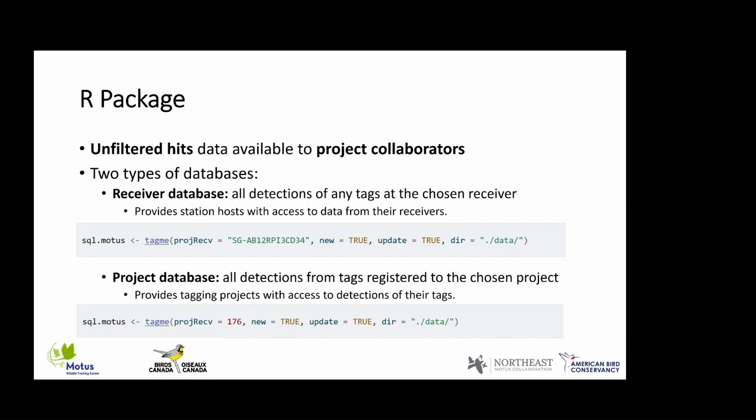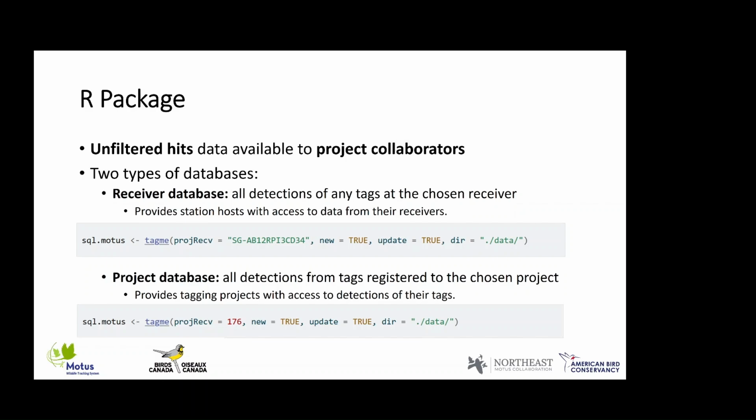Now, there are two types of databases that you download through the R package. There's a receiver database and a project database. The receiver database is for a single receiver serial number. You're going to download all the data for that serial number, and it only works if you have that receiver registered to your project.